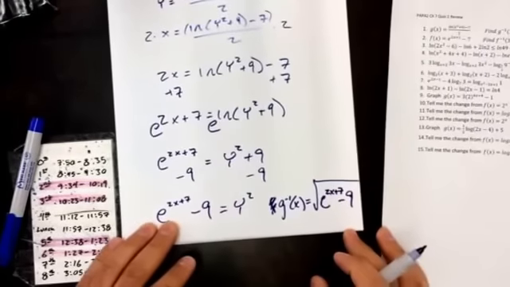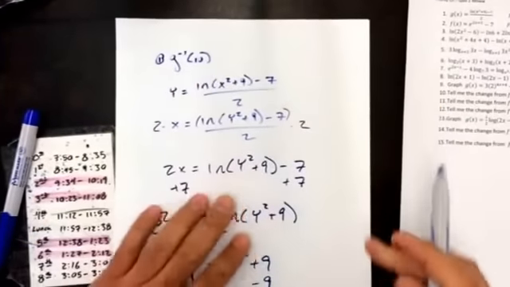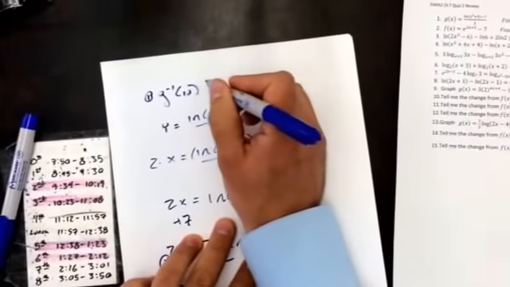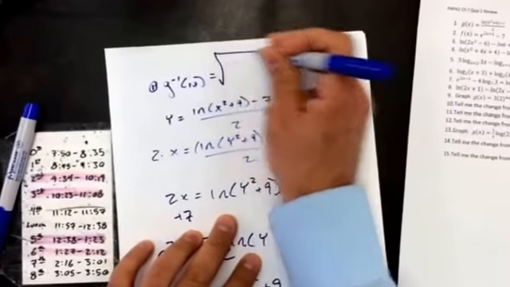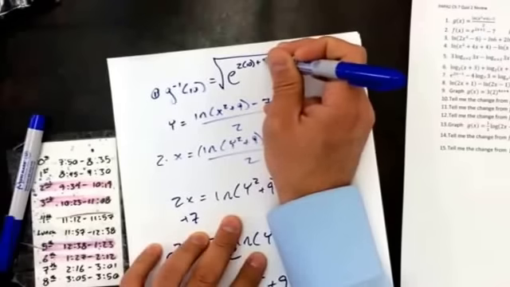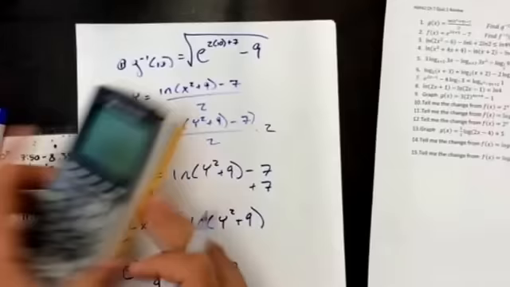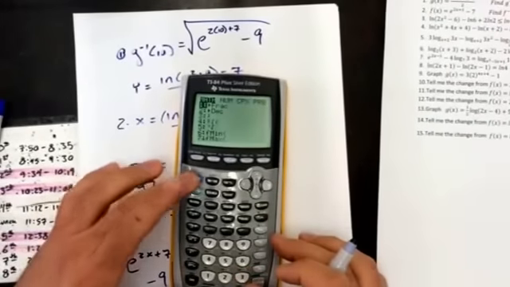And then don't forget that it told me to find actually the inverse of g when x is 10. So what I want to do is I want to say this equals e to the power of 2 times 10 plus 7 minus 9. And what I'm doing is I'm just plugging in the 10 for the x. So I'm going to type that into my calculator.